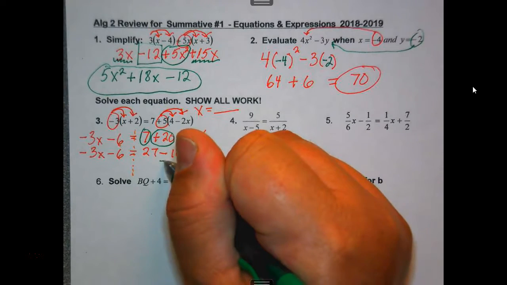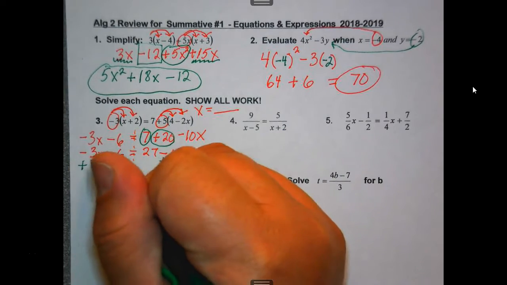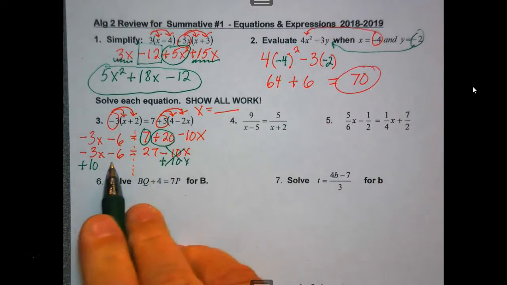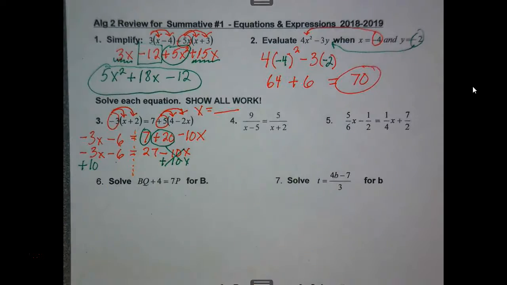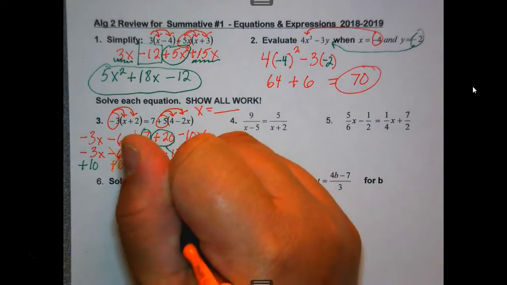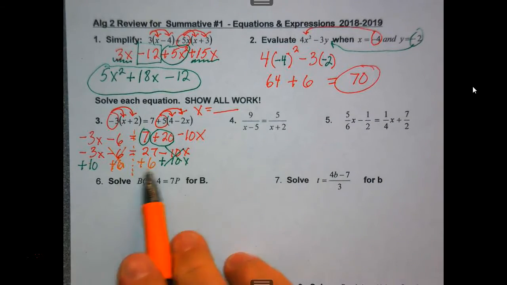Okay, so you want me to add 10x to get the x's on the left-hand side. That gets rid of these 10x's, so I have to get rid of this 6. So I'm going to add 6 to the 27. That gets rid of this one on this side. So that gets me x's on one side, numbers on the other.